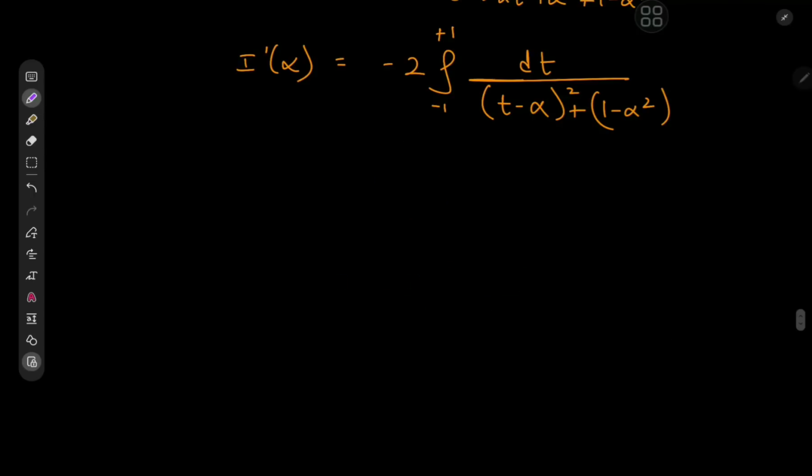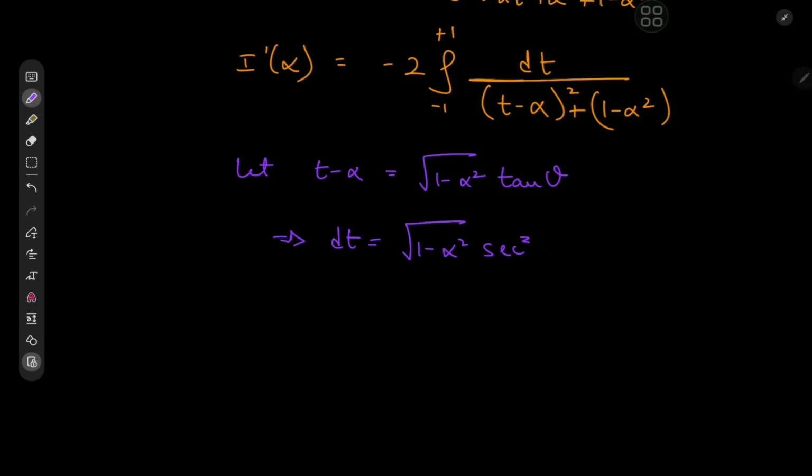And yes, indeed, this does look like an inverse tangent integral. So we're going to let t minus alpha equal root 1 minus alpha squared tangent theta. And this means that dt equals root 1 minus alpha squared secant square theta d theta.